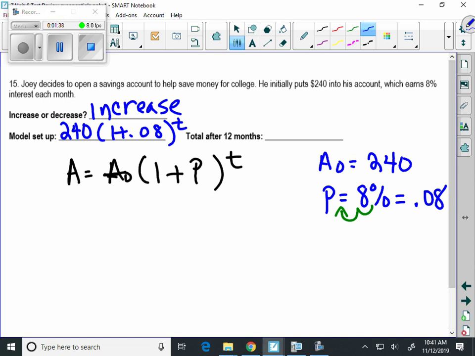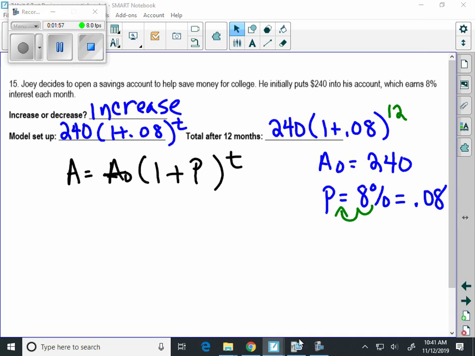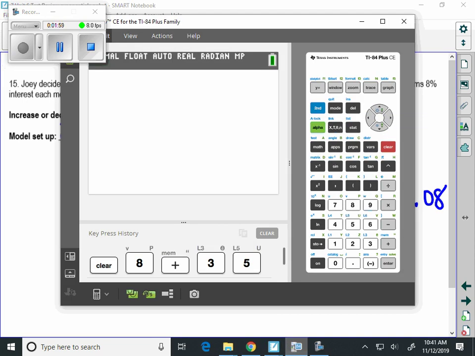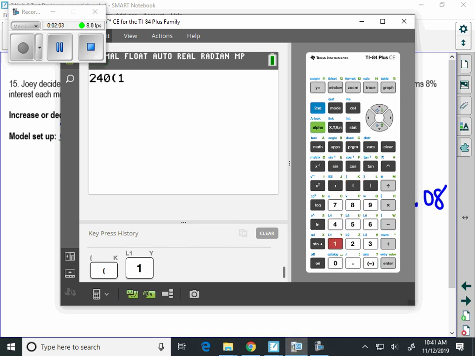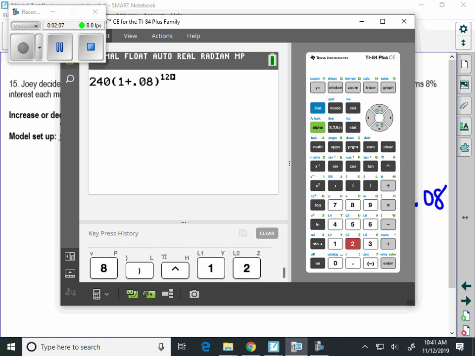And when we want to figure out how much money we have after 12 months, then we take this 240 times the 1 plus 0.08, and we put in our time, which now is 12. And then lastly, we're going to type that in. So 240 times 1 plus 0.08 to the 12.